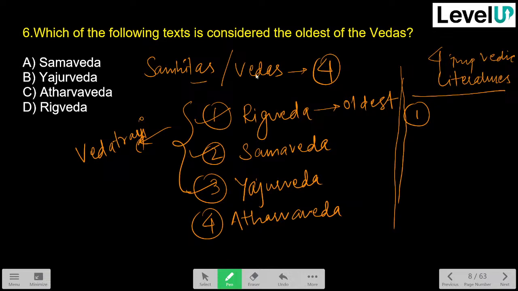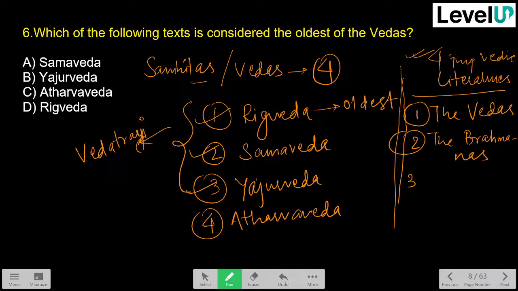If you want to have Vedic knowledge, you must know the Vedas, that is the Samhitas. Second, you must know the Brahmanas. Third, the Aranyakas. And the fourth is the Upanishads.